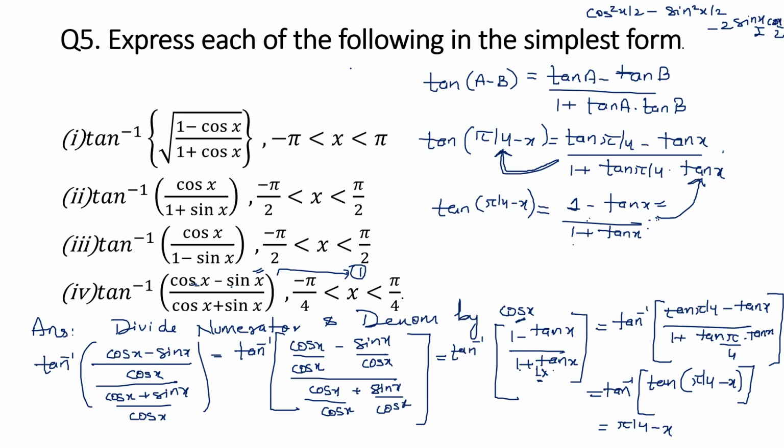In these types of questions, observe whenever you have cos minus sine by cos plus sine, even in integration and in differentiation, we will do a similar question. So please remember, if you have a tan inverse here, we will make this into a tan form, and for that we will divide with cos. The same question you will see in differentiation as well as in integration.